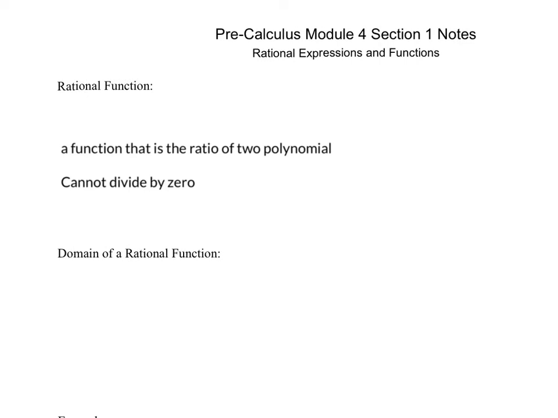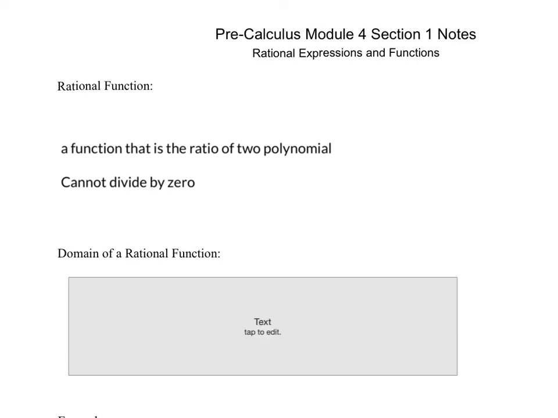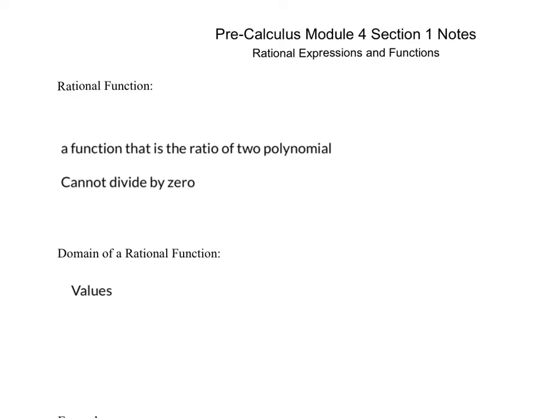Because we cannot divide by 0 in a rational function, the values for which the denominator equals 0 have to be excluded. So for the domain of a rational function, we find when its denominator is 0 and we exclude those specific values from the domain of our rational function.